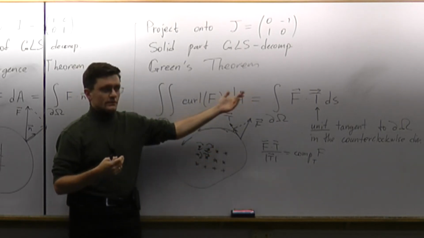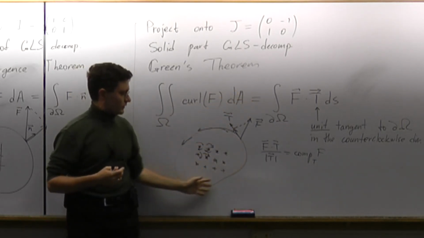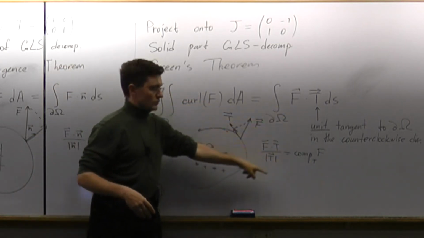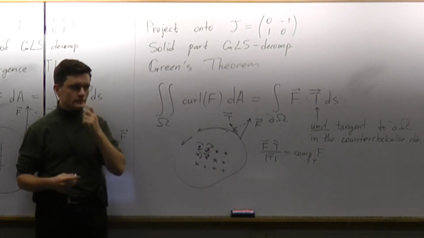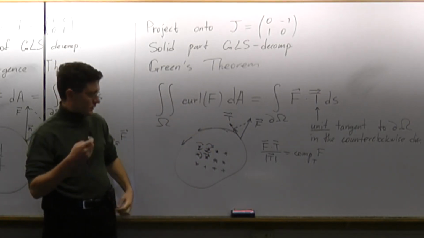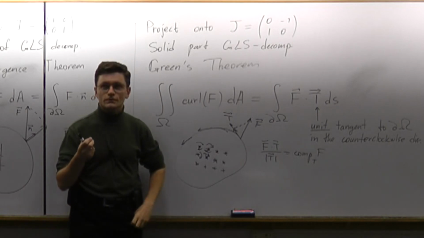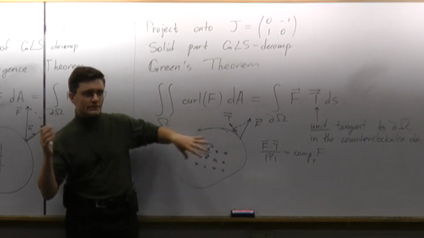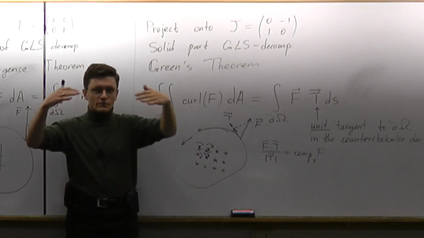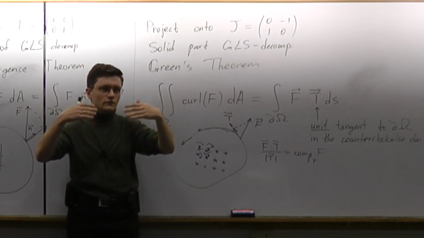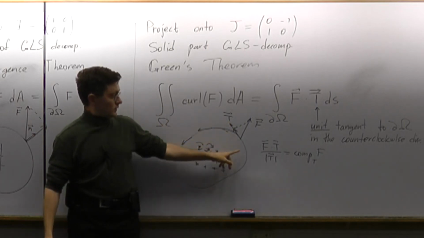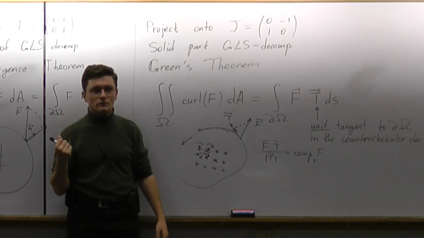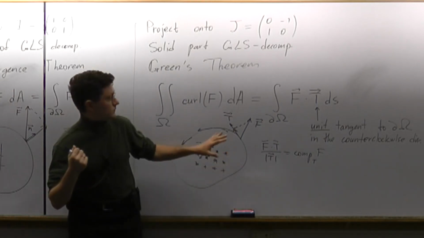And the claim now is that the total circulation you compute inside is equal to the total circulation you observe on the boundary. And again, the significance for physics and for engineering is that you relate something that happens inside to something that happens only on the boundary. And in most of the applications, the benefit is that you can only measure something on the boundary.